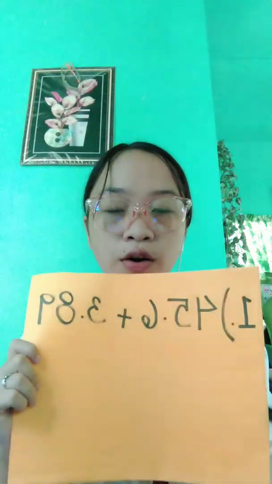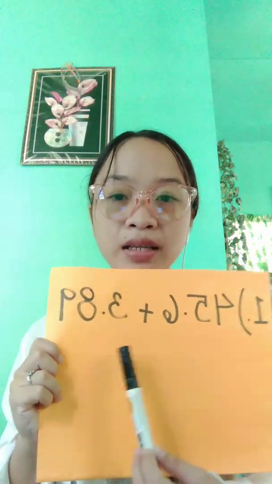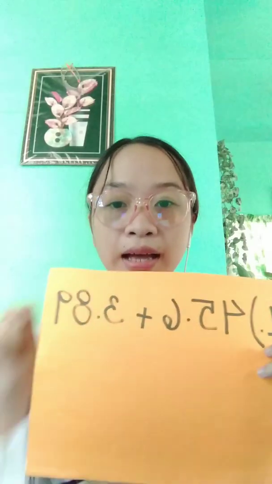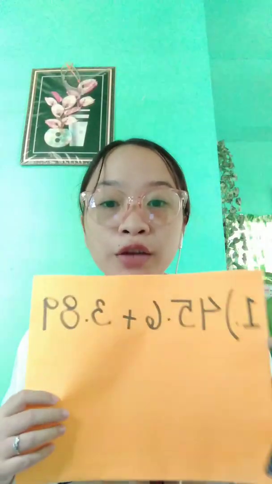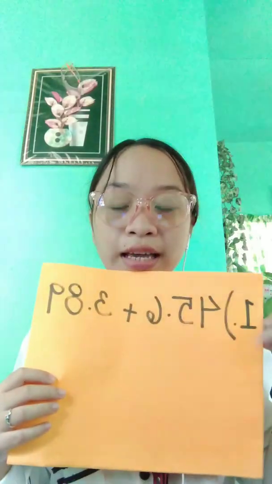So, for example, mag-una ta sa addition. I have here 45 and 6 tenths plus 3 and 89 hundredths. So, unsaon ni siya pag-add? Again, same sa among gisulti ganina nga procedure. The first step is to line up the decimal. So, ingani ni siya.